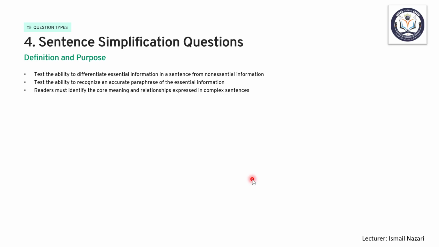Now, what is the purpose, or why do we have this one? This question type is testing our ability to find out the difference between two types of information: the important, essential information, and the non-essential or not important information.